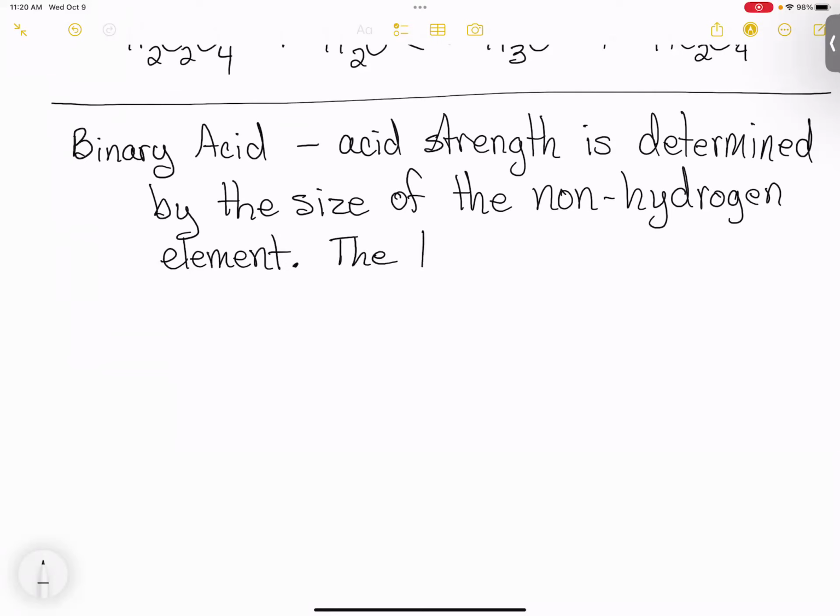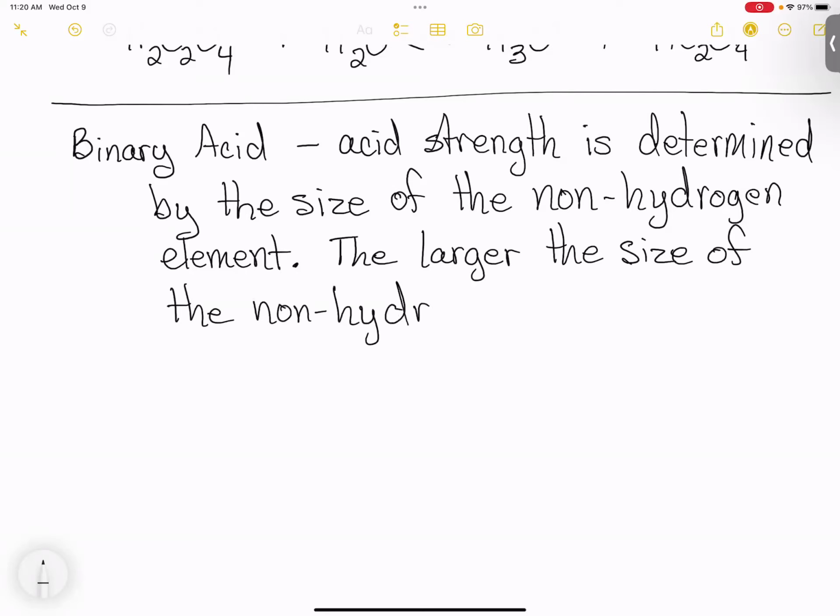The larger the size of the non-hydrogen element, the stronger the acid.